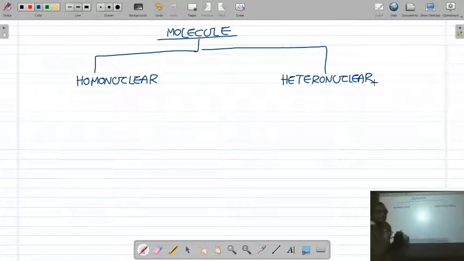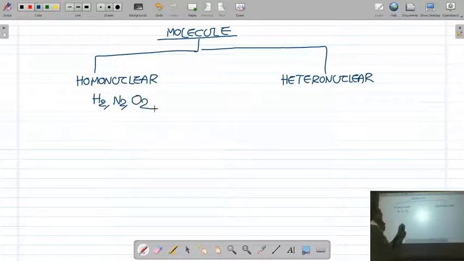Now we define what is a homonuclear molecule and heteronuclear molecule. Examples of homonuclear molecules are H2, N2, O2. You can see that H2, N2 and O2 are called homonuclear molecules, meaning the molecule having two like atoms, HH or NN or OO.